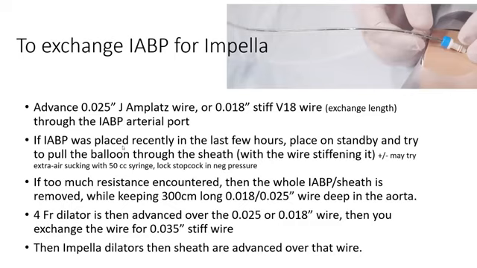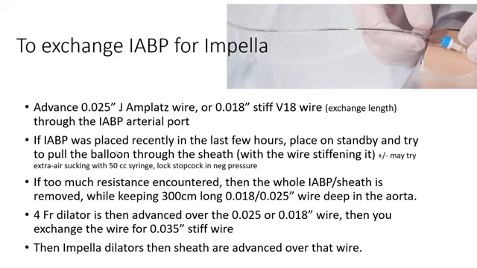Now, if the balloon pump was placed recently, so you just placed it this afternoon and they are calling you in the evening that the balloon pump is leaking or is dysfunctional or the arterial lumen clotted and we want to exchange it. This used to be a common reason to exchange it before we had the fiber optic.